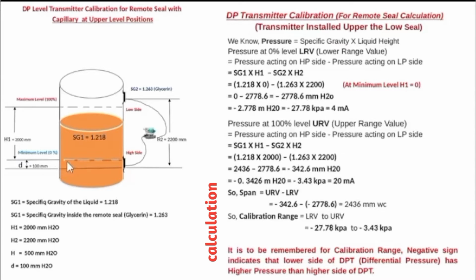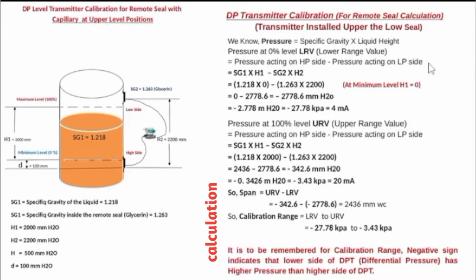We have not considered this; if we consider this value, then the calibration will change, and we will see that also. And the transmitter remote seal distance from here to here is 2200 millimeter, and the transmitter is at the upper level position.